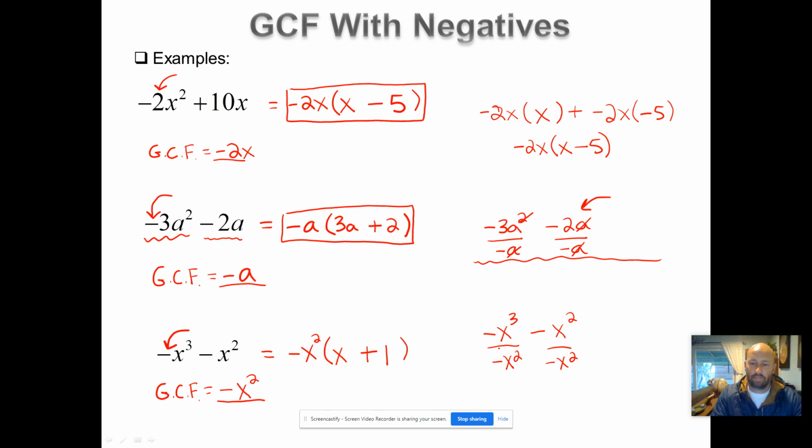Because the negative divided by negative is a positive. I have 3 of these and 2 here, so this is going to take 2 away, leaving 1 of them. So that's a positive x. And negative divided by negative is a positive. And then x² divided by x² reduces to 1. So that's why it's x plus 1. And that's why we got it right there.